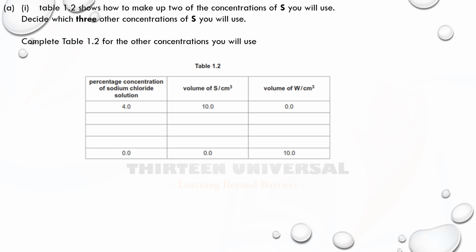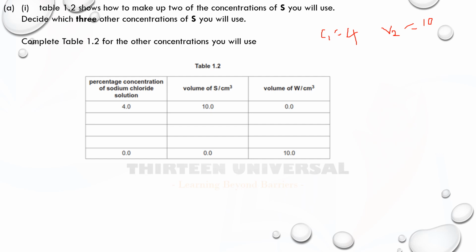Remember that 4% is our stock solution, which is C1. And then C1 is 4%. That's what we're diluting. And you know that our V2 is a final volume, which they have told us: 10 cm³. If you look at the table, guys, you'll find that that is 10 because V2 is volume of stock plus volume of water. When you add 2 of them, 10 plus 0 is 10.